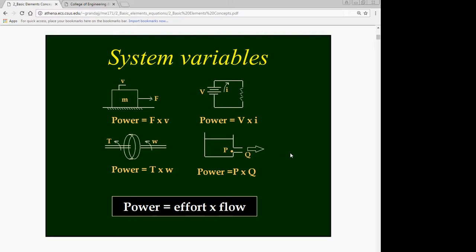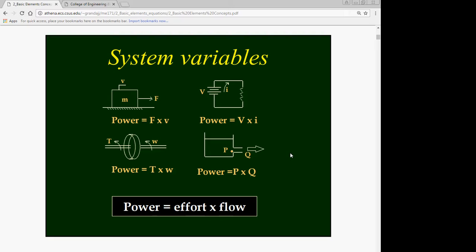So you see, the idea behind this slide that I'm showing you here is that systems in nature could be in different energy domains, but they share a common set of families of variables. What do I mean with this?